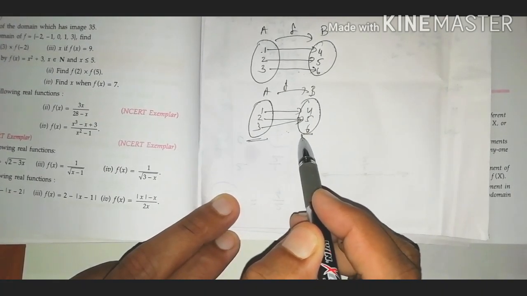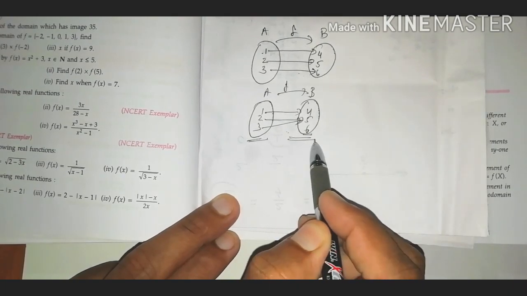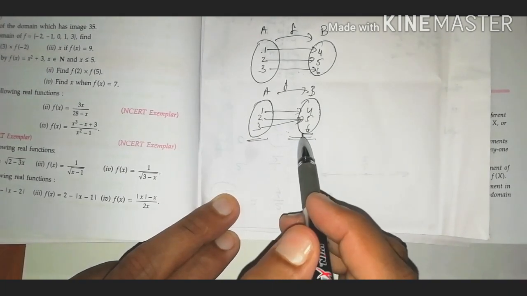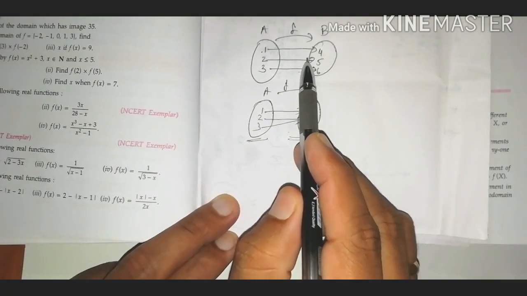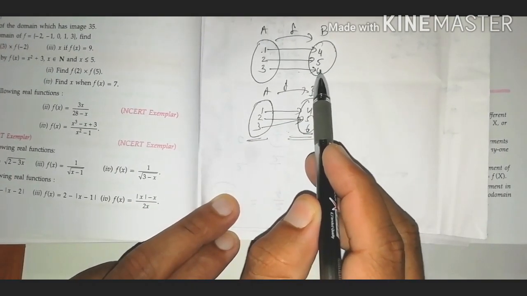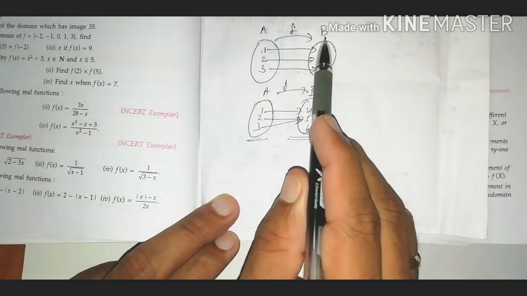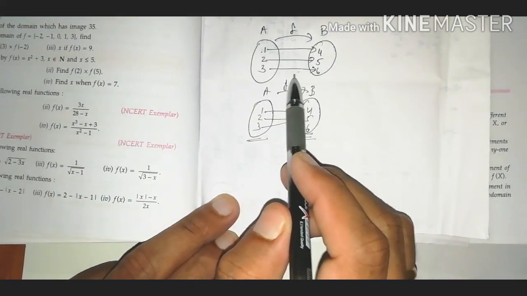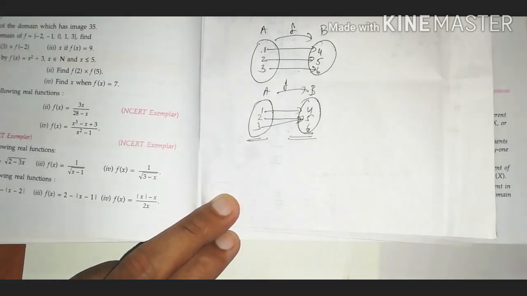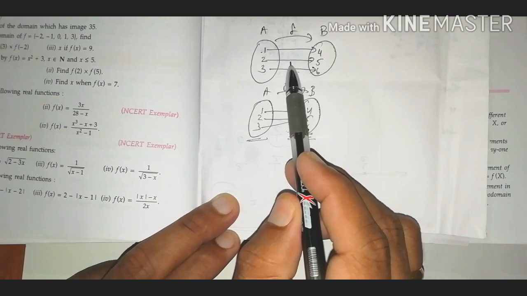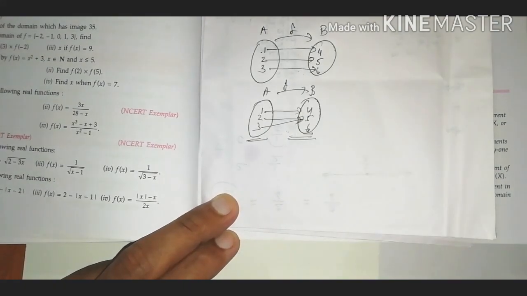So we can say this function is an into function. And what about here? All the elements of set B have pre-images in A, so we cannot consider this function as into function.